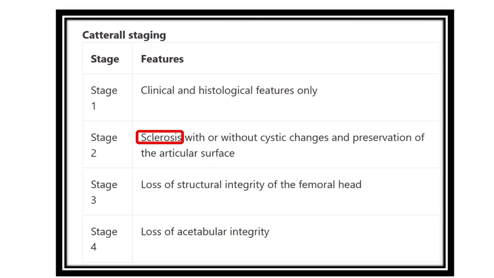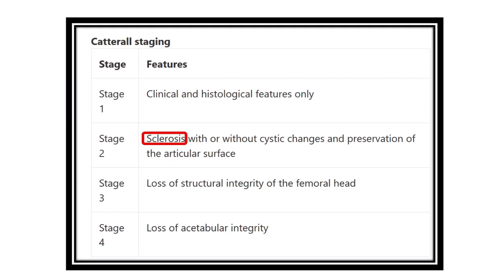Now here we can see the different stages of Perthes disease. First of all, in stage 1, there are clinical and histological features only, but in stage 2, there is sclerosis with or without cystic changes and preservation of the articular surface. In stage 3, with sclerosis, there is loss of structural integrity of the femoral head.